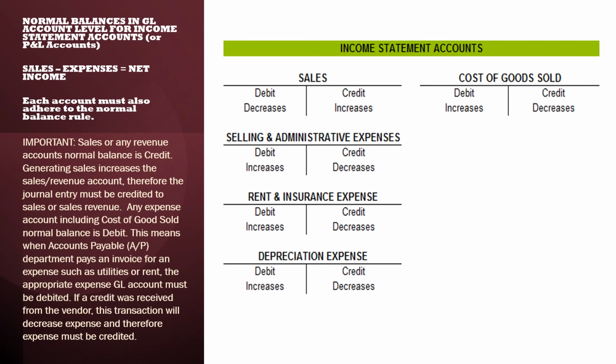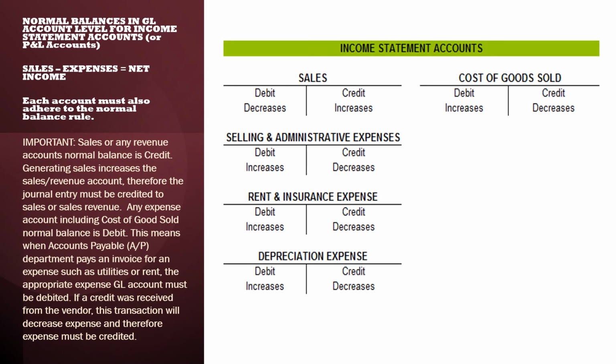Because sales has a normal balance of credit. Any increase in sales, because you continue to generate sales, that should be credited to your general ledger account sales. And then any expenses paid, we have to debit. Increasing your expenses means that you have to debit these accounts when you create the journal entry.